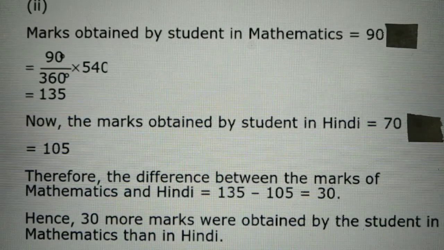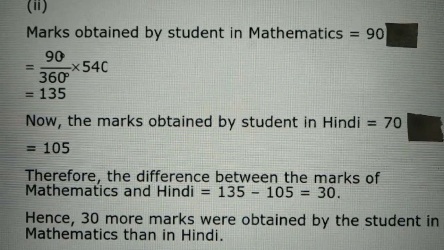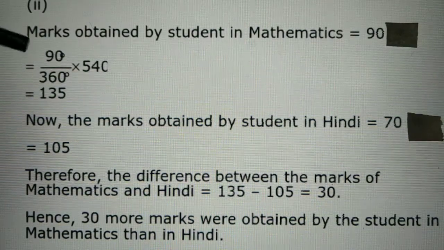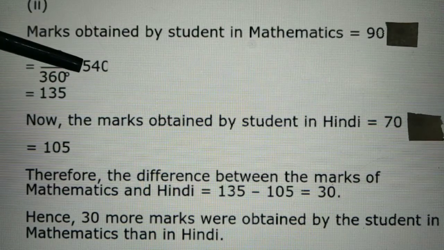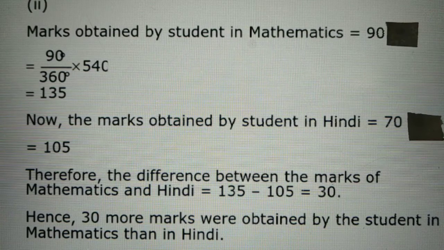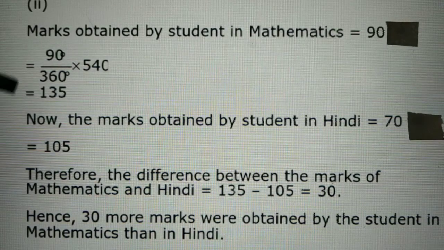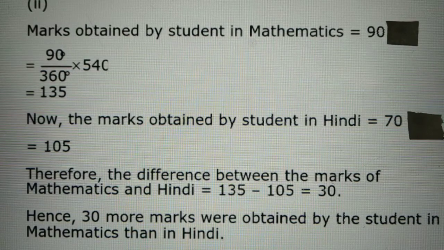It is a similar pattern. Given value divided by total value, either in angle form or in number form, multiplied with the total value. If the angle is to be found, multiply by the total angle. The similar pattern. So we get 135 marks in mathematics.